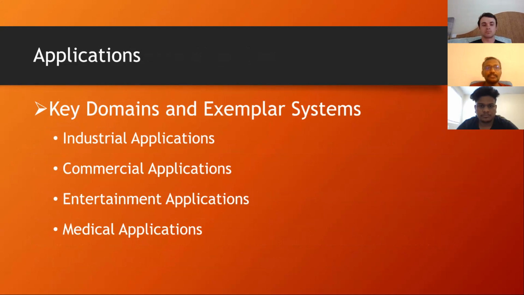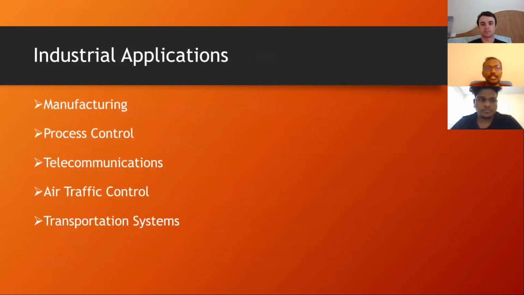Some of the applications of these are key domains. They're used in industrial applications, where any type of application requires a sequence of operations, and in commercial applications, enterprise applications, and medical applications. The industrial applications of the systems are manufacturing industry and process control, telecommunication, air traffic control, and transportation systems.